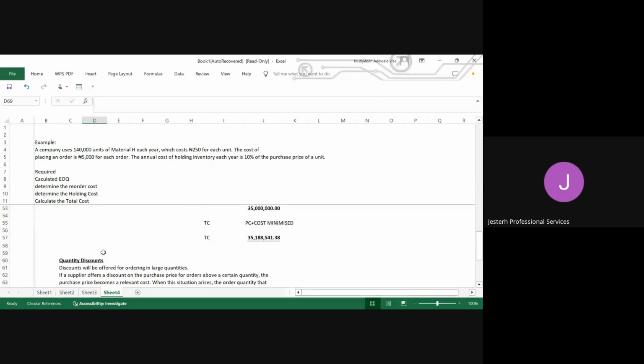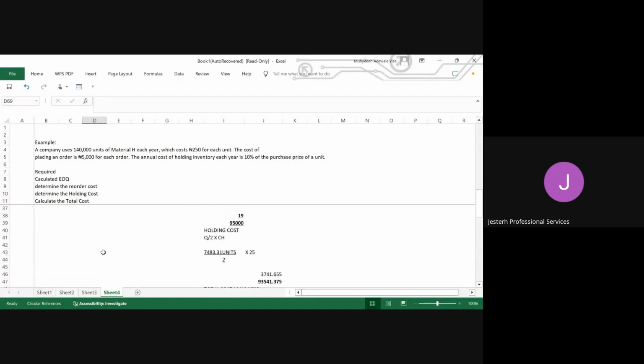Remember, based on the company's structure, the company has already structured that they are going to be buying 7,483 units at every order level, 19 times, to cover the annual demand of 140,000. But if they decide to follow the discount that the supplier offered them, how much is our total cost going to be?